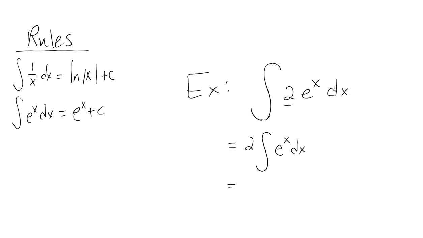And then it matches the rule exactly. I'll carry that constant down and apply the rule. The integral of e to the x dx is equal to e to the x plus c. Now we're doing the plus c because when you find the integral or antiderivative, you're finding a family of antiderivatives.